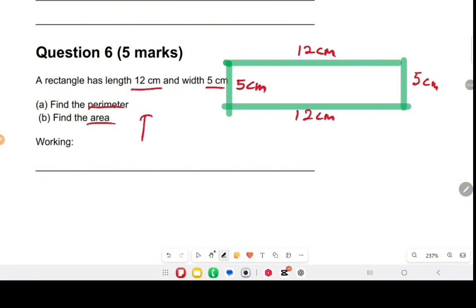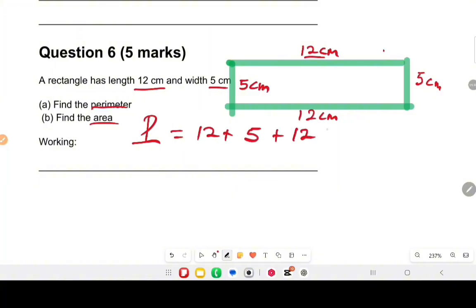Perimeter means distance around a shape. Distance around the shape, meaning we have to add 12 plus 5 going round plus 12 plus 5. When we add up, we have perimeter is equal to 12 plus 12 gives us 24. 24 plus 5 plus 5, which is 10, gives us 34 centimeter.